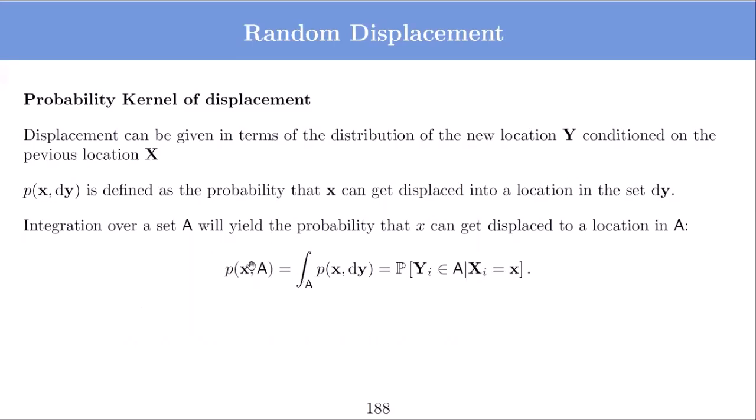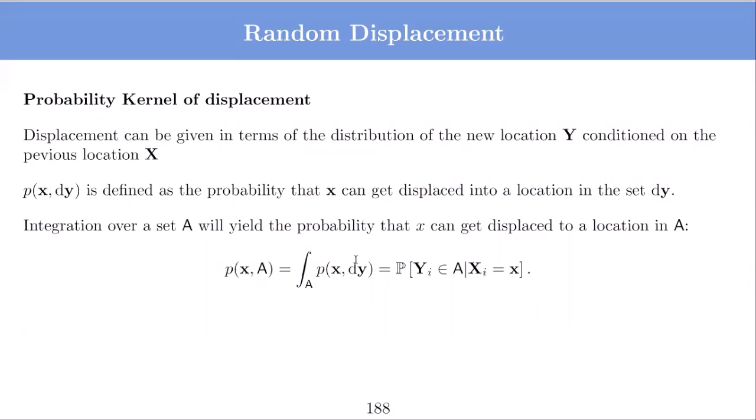If someone asks me what is the probability that x moves to a set A, you just divide set A into small intervals. You add the probability that x will move to those small intervals, and you add them up. You add because the movements to all these intervals are disjoint, so the movements are mutually exclusive. If the point moves to one small interval, it cannot move to another small interval.